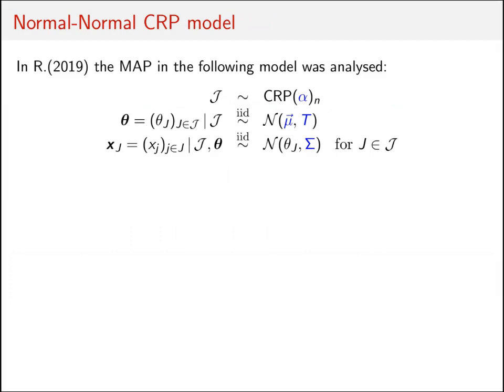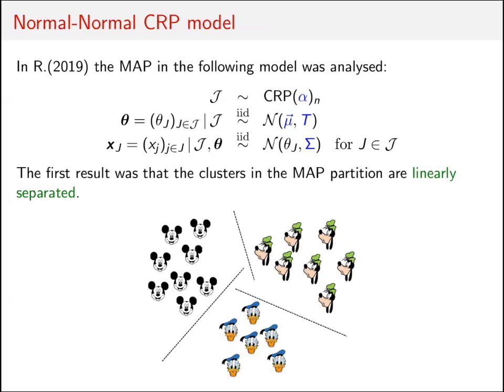The basic one is that in this model, the clusters in the MAP partitions are always linearly separated, which means that for every two clusters, suppose that those figures are the indicators of being in one cluster or another, I can find a line, or more generally a hyperplane, that separates these two clusters.